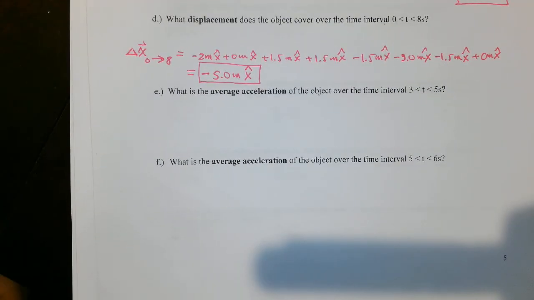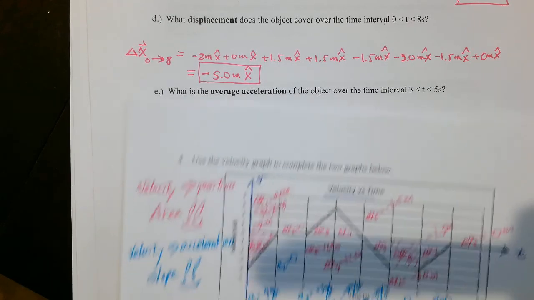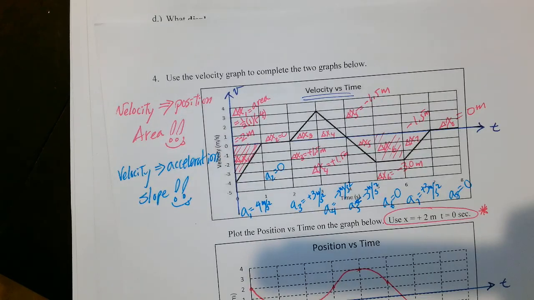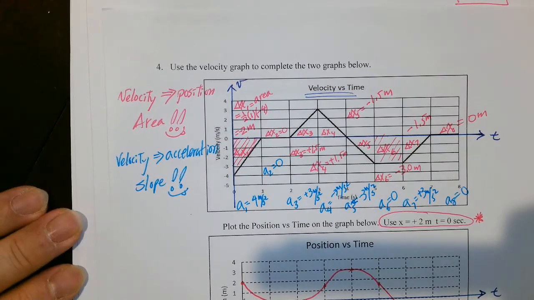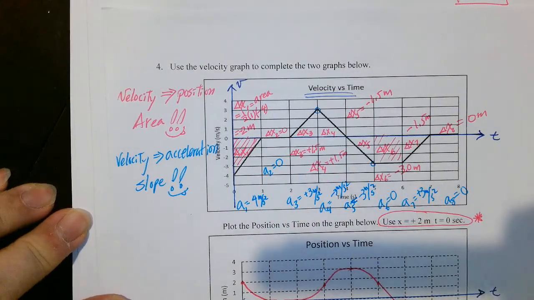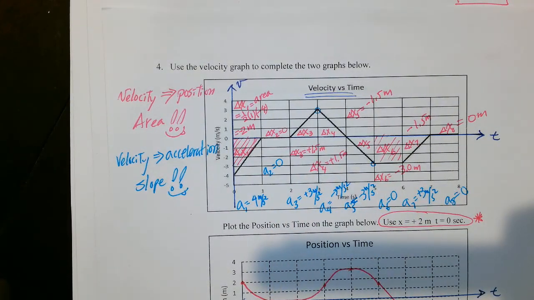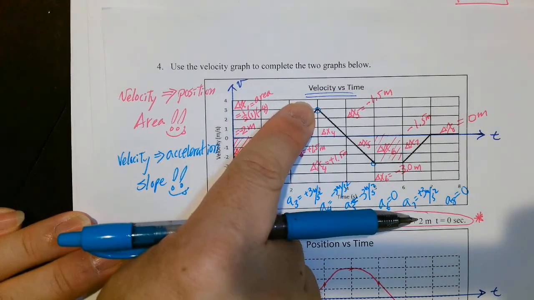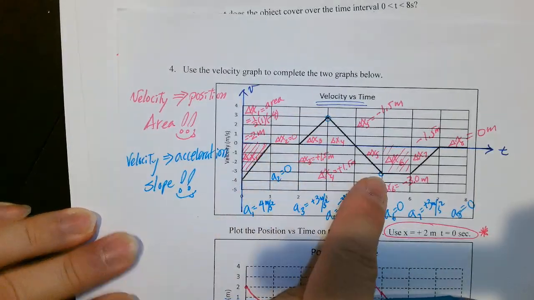So what about letter E? What is the average acceleration of the object between 3 to 5 seconds? Well, let's take a look at the velocity versus time graph. From 3 to 5 seconds, I want to find out what the average acceleration is. So I'm looking for a slope between these 2 points.